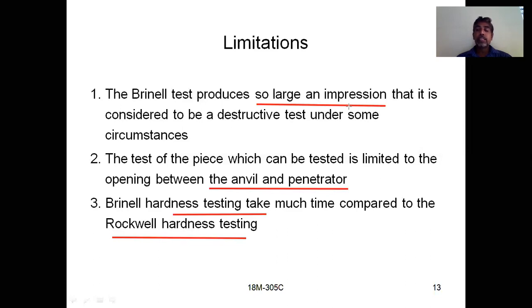Capital D is the diameter of the steel ball indenter, and small d is the diameter of the indentation. Later we discussed the precautions we have to take, the advantages of the Brinell hardness testing machine, and then its limitations or disadvantages.